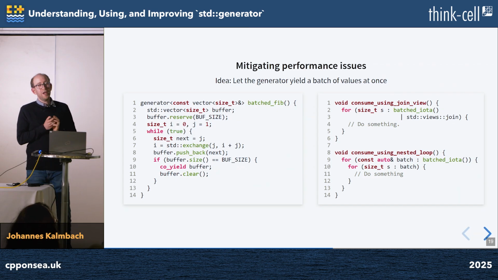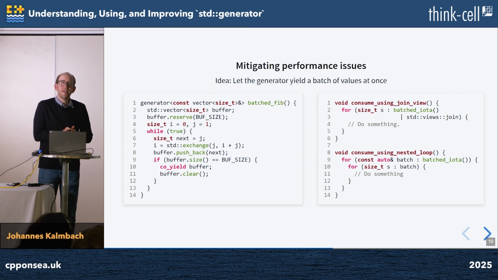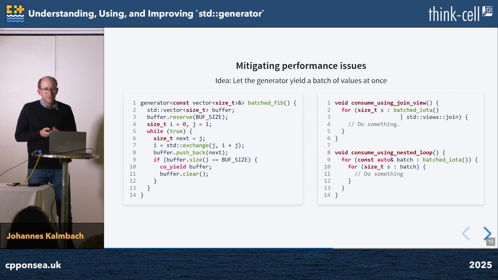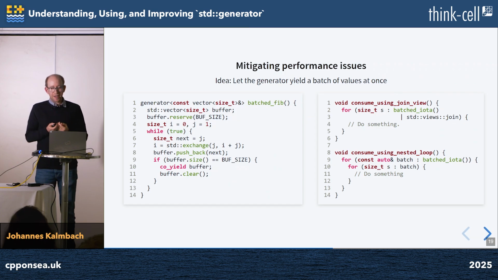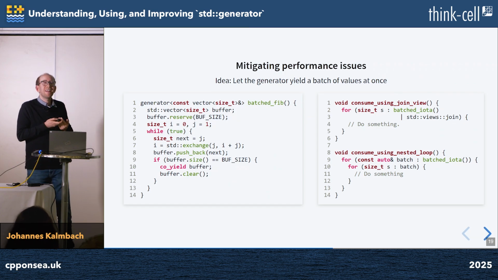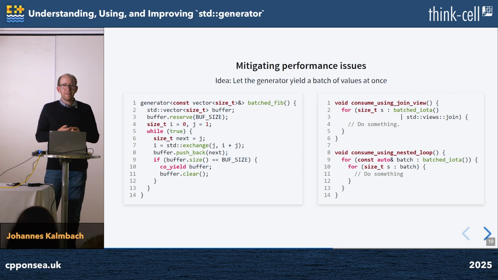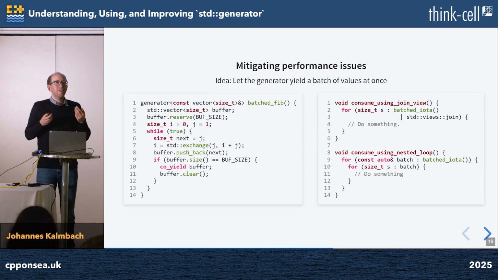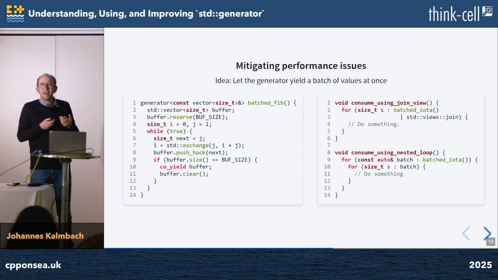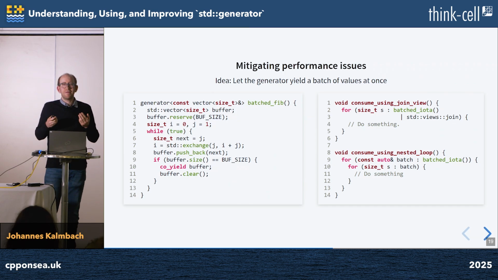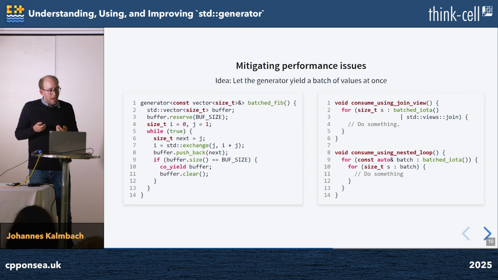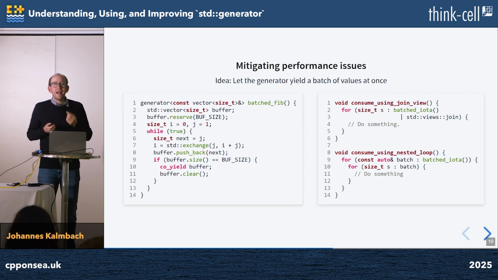Now, we have talked, in the first half of this talk, about generators as they are, as just the natural way to use them. And we've seen it has some overhead, so now the question is, can we do something about this? And an obvious idea, as it came up in many talks the last 3 days, was: okay, I have an overhead.